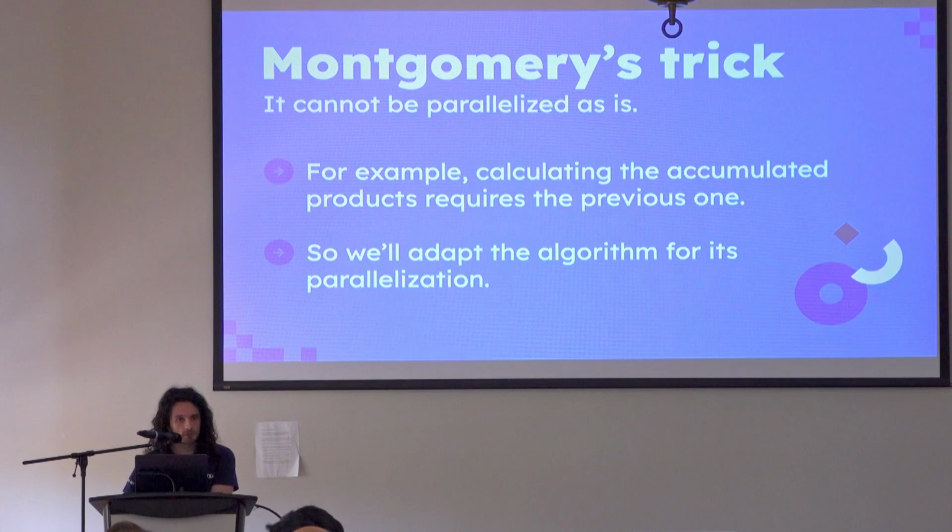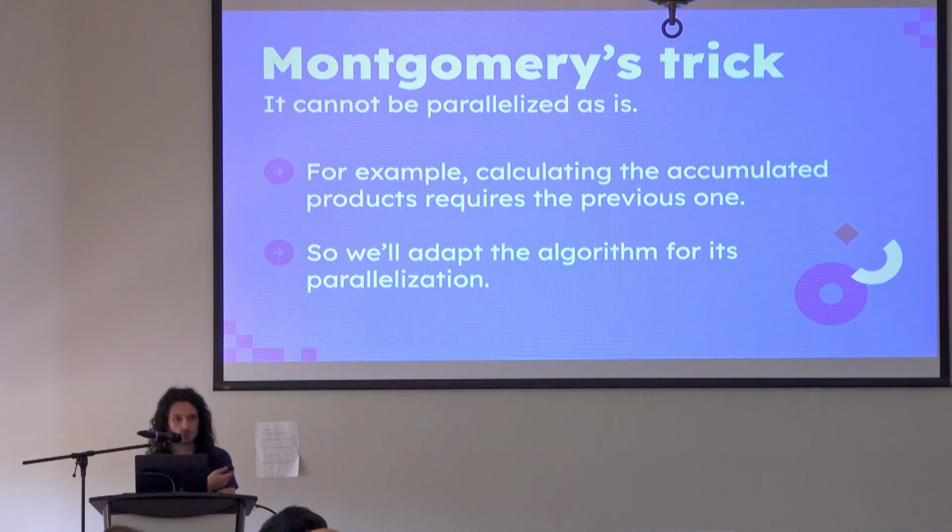Now, you may have observed, as I told you when we were explaining the equations, that this cannot be parallelized as is, because I had to show you that the accumulated products, when inverted, were calculated sequentially, right? Calculating the accumulated products requires the previous ones, and when we were deconstructing the inversions, that also required the previous values.